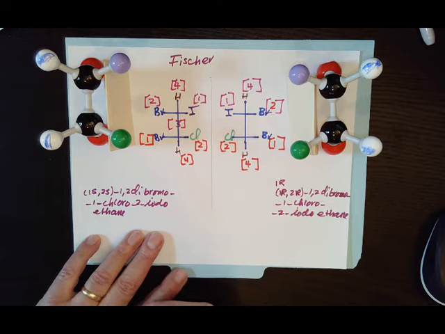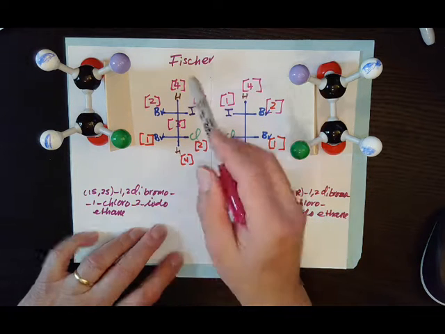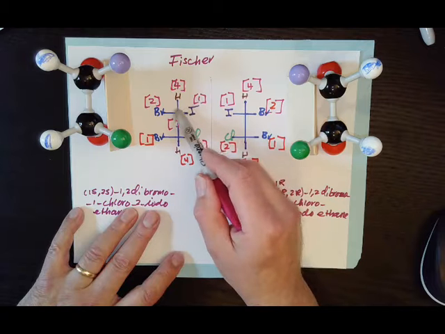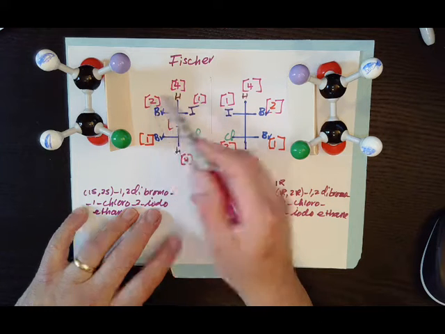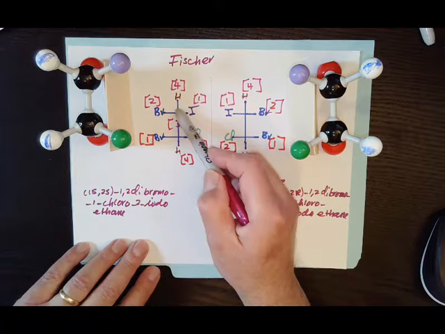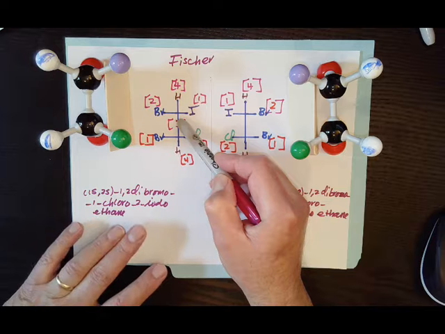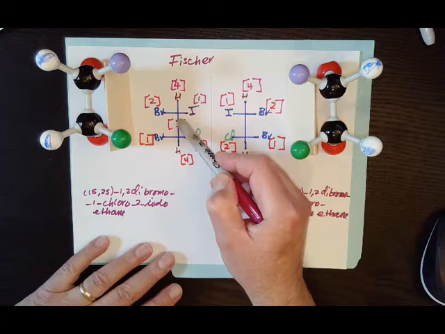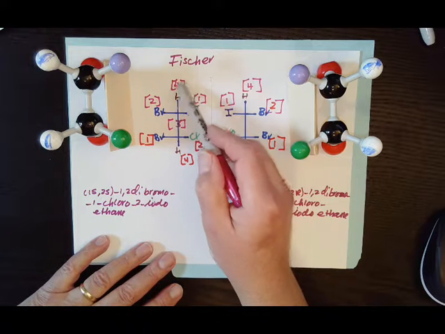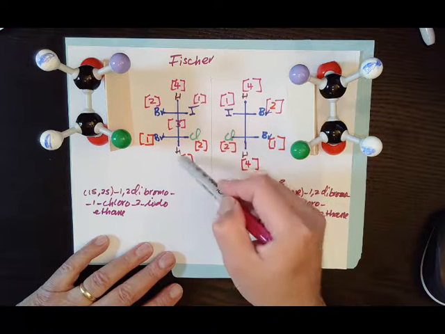So we like to use the number system. Remember the number system we used before? So the bond between the carbon and iodo would be 1, carbon and bromo would be 2 for the first carbon. So we only do 1 carbon at a time. Carbon is 3. Now in Fischer projection, we learn different ways. The way I like to teach it is number 4 has to be on top.